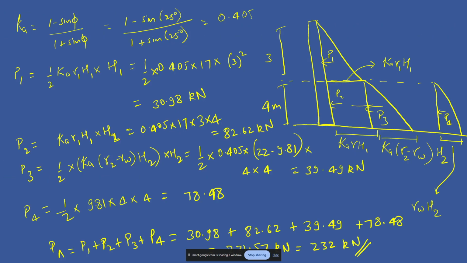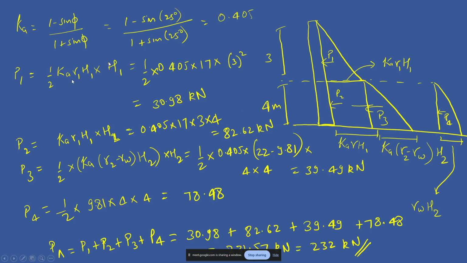If we see this particular diagram, your P1 is basically a triangular stress diagram, so we know the lever arm from the top is at 2 by 3.